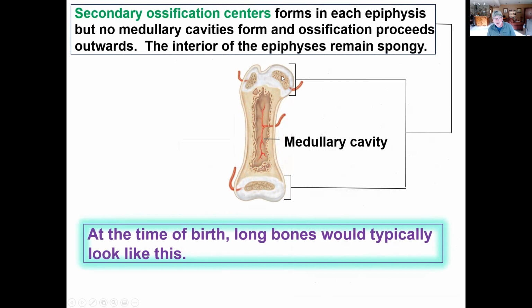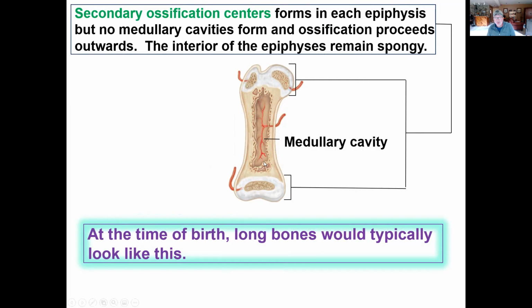But now we have ossification occurring in the epiphyses in what are called secondary ossification centers. So this is a secondary ossification center. Here's another one, and here's a third one. So the cartilage cells die, the osteoblasts come in, they lay down bony matrix. When they're surrounded by bony matrix, they're called osteocytes.